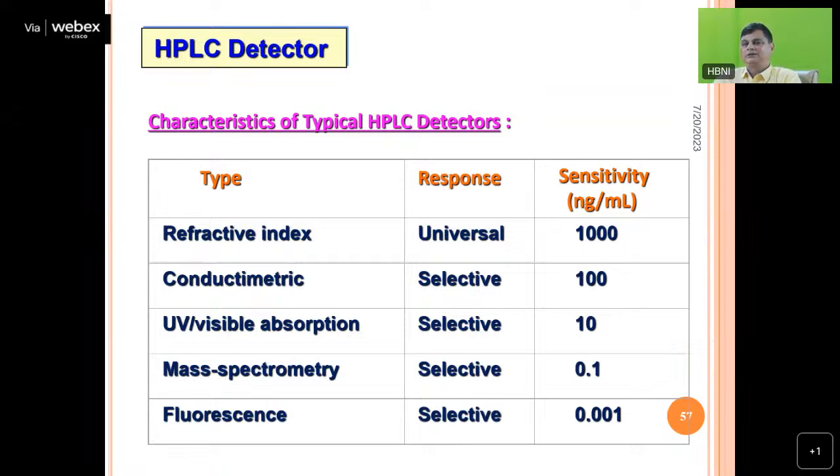So there we need detection up to those low levels. And even in the case of drug formulations, they need a very, very small quantity. So they use either mass spectrometry or a fluorescence detector with the HPLC while performing quality assurance on those particular drugs.